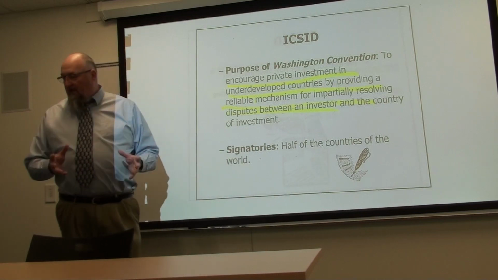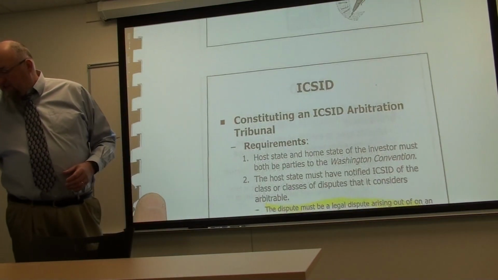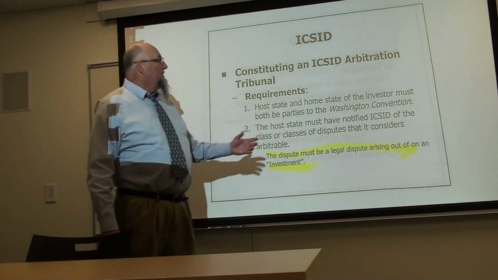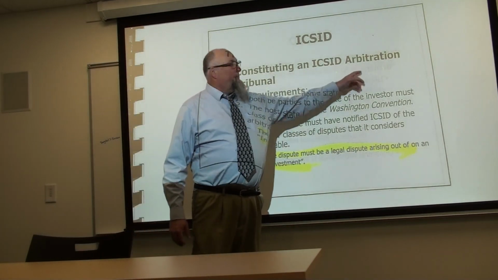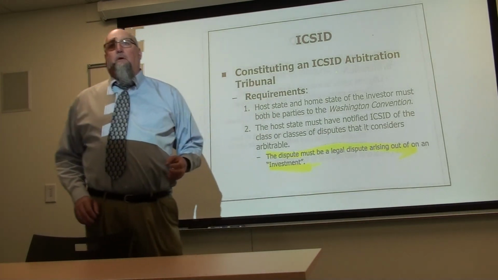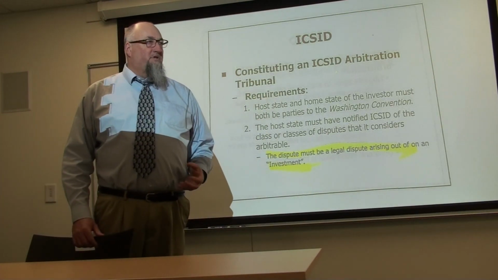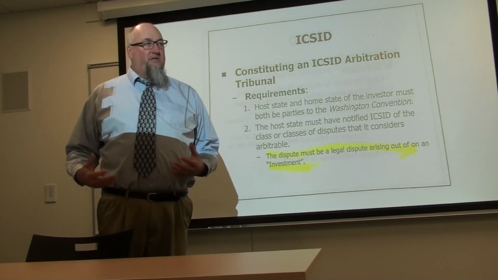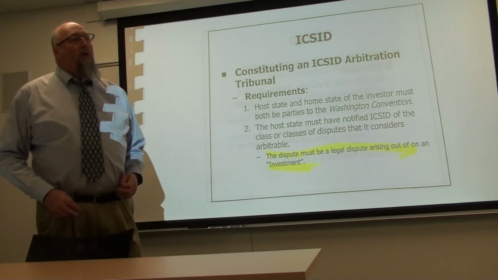So here's the basic idea. This sets up the ability for an individual to form an ICSID arbitration tribunal. Now, arbitration is a very common method of resolving disputes internationally and also domestically. We see a lot of it here in the US.